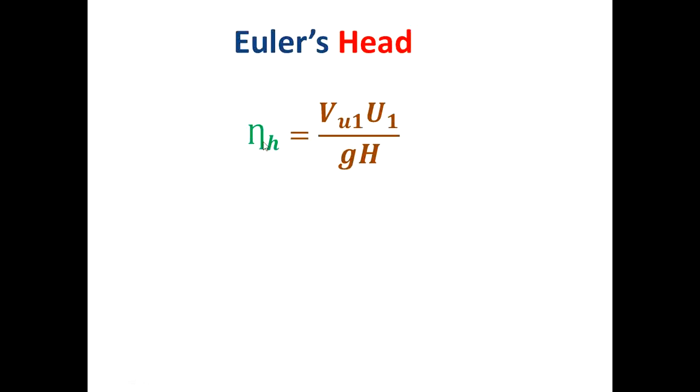G into H. Therefore, hydraulic efficiency is equal to VU1 U1 divided by GH. That is amount of power developed in the rotor to the amount of power supplied, that is GH, hydraulic efficiency. Therefore 100% the nozzle efficiency, this one. Therefore Euler's head is equal to VU1 U1 divided by G into hydraulic efficiency.